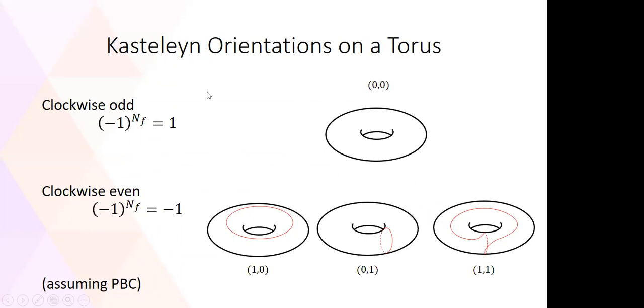So if we take the Kasteleyn orientation, either one of these, let's say, on the torus, we can look at the different topological sectors on the torus. These different topological sectors have a Z2 times Z2 index that corresponds either to the parity of dimers you cross in this loop, or the parity of the dimers you cross in this loop.